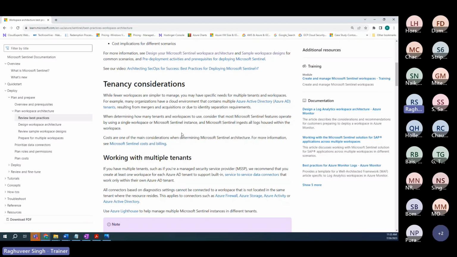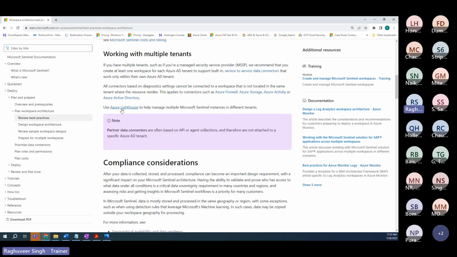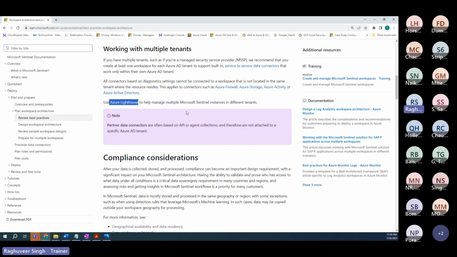But if you don't have that in scope, or if the customer does not have the time and energy to consolidate, then go with the second and third use cases, wherein there are multiple tenants and multiple subscriptions. When working with multiple tenants, it says that you can use Azure Lighthouse to help manage multiple Sentinel instances in different tenants.